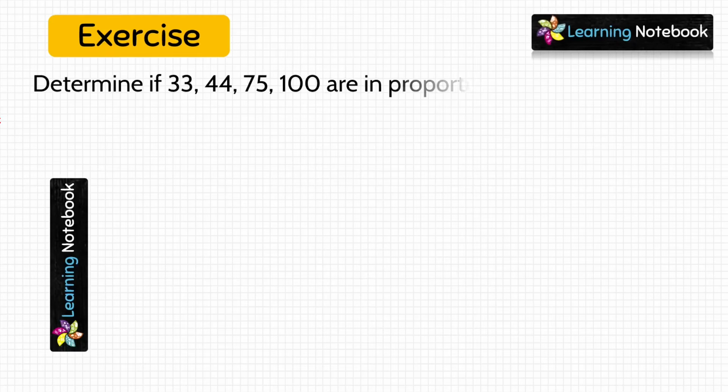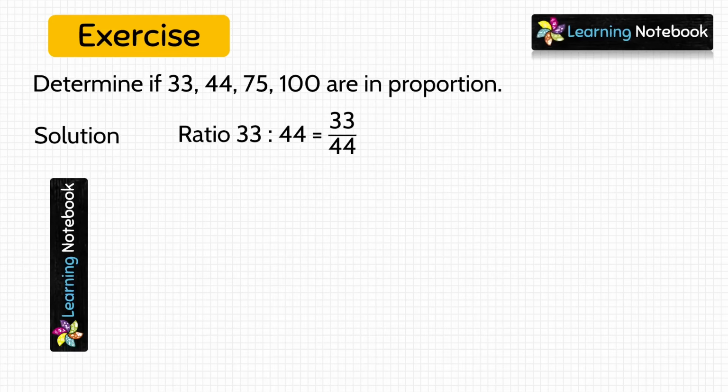Let's see the next question. Determine if 33, 44, 75 and 100 are in proportion. Students, these numbers will be in proportion if 33 is to 44 equals 75 is to 100. So first ratio is 33 is to 44.